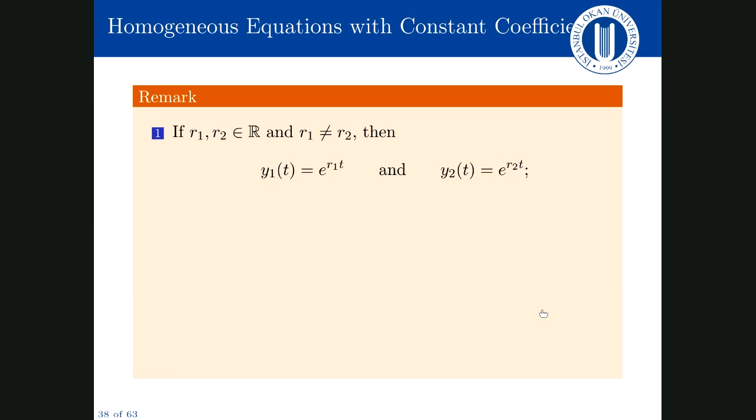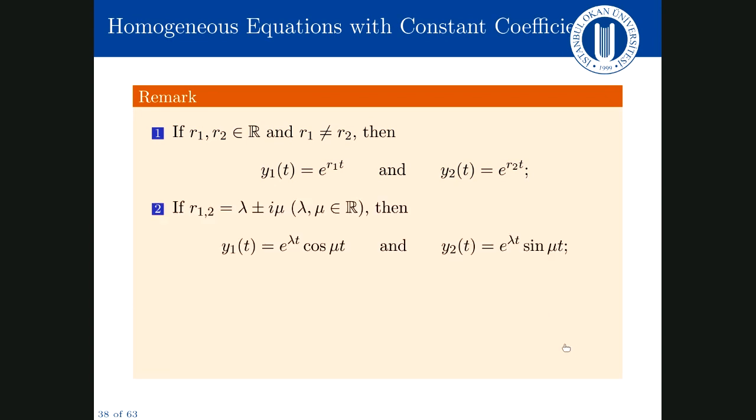The first case, the easiest case, if we have different real roots, then our two functions are e to the r1 t and e to the r2 t. If we have complex conjugate roots, lambda plus i mu for real numbers lambda and mu, then our two functions are e to the lambda t cos mu t and e to the lambda t sin mu t.